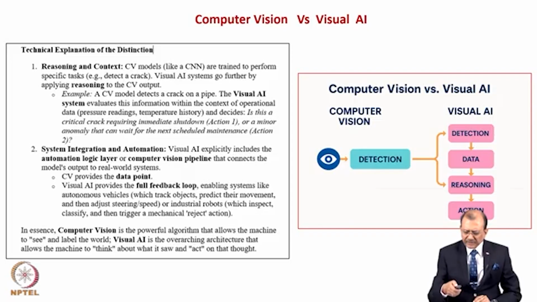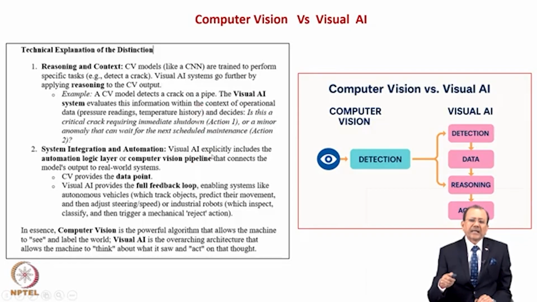I have given on the left hand side the complete definitions and technical reasons of these two technologies, how they differ. One important thing you can visualize when you read these definitions and technical explanations is that a visual AI system evaluates this information within the context of operational data, and then it takes a decision.